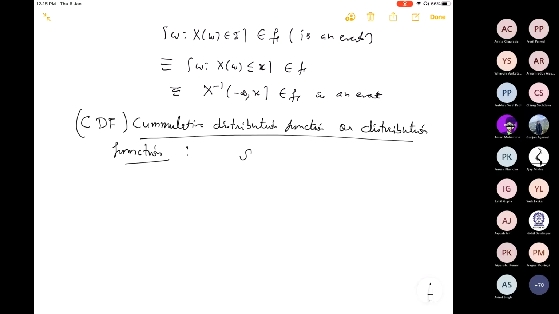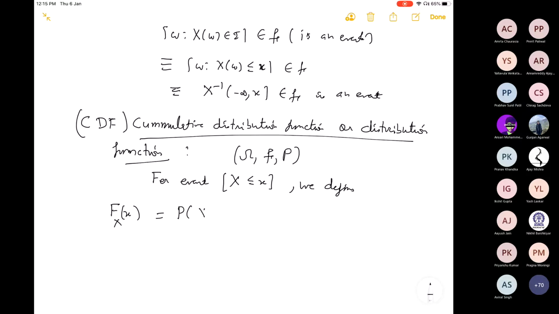The probability model is omega, F and P. So for the event X less than or equal to small x, we define F_x, or you can write F_X, or small F_x also, it is the same thing. So this is the probability that X is less than or equal to x.